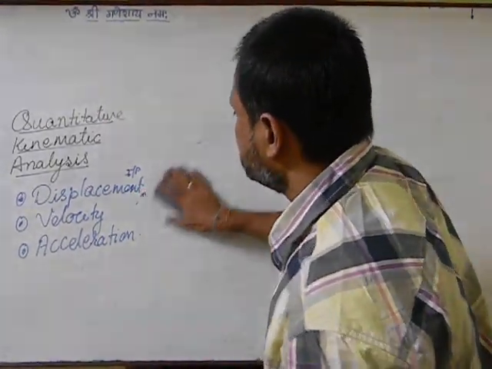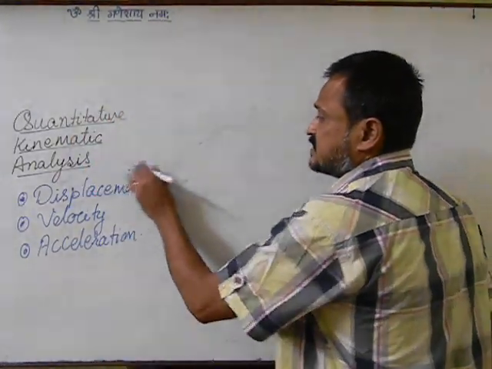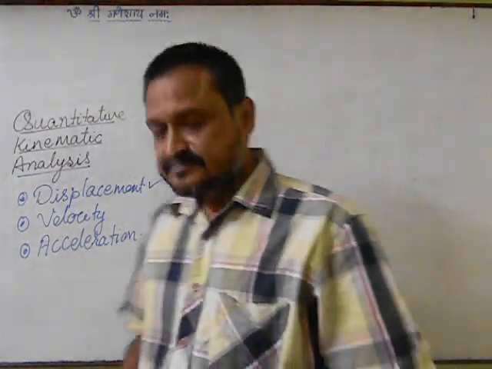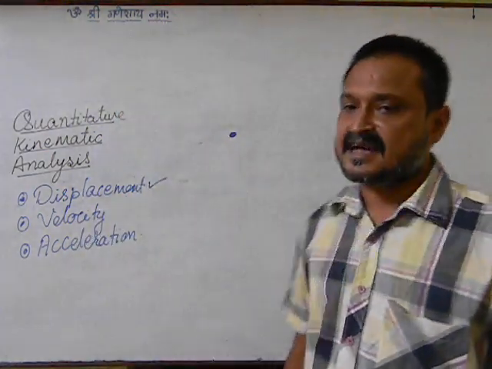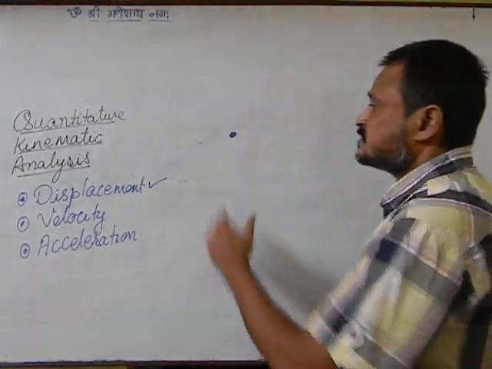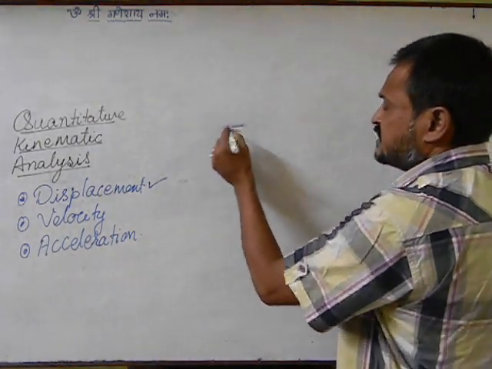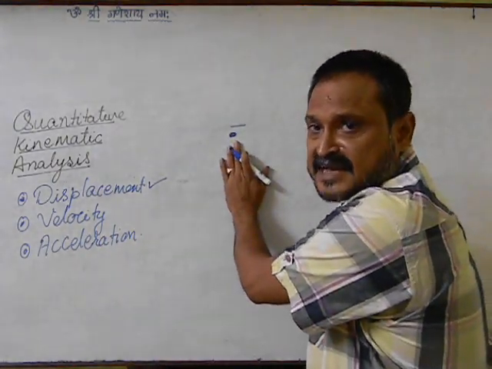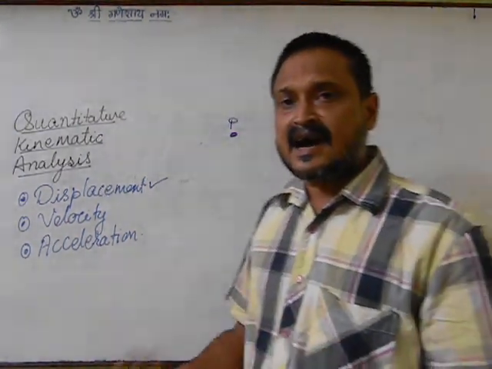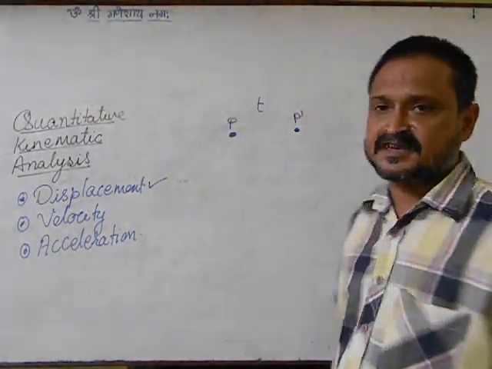Now, if I talk about velocity, if there is a particle or a body, I'll consider this as a body or a particle, whatever right now we have to consider. So if we see the displacement, let us say at one given point of time, this particle, say this P, is somewhere here, and after some time T, I see that the P has taken this position.